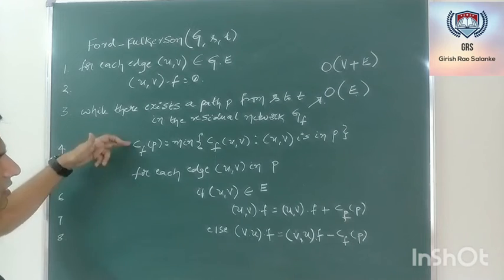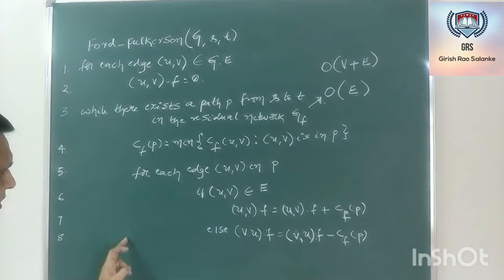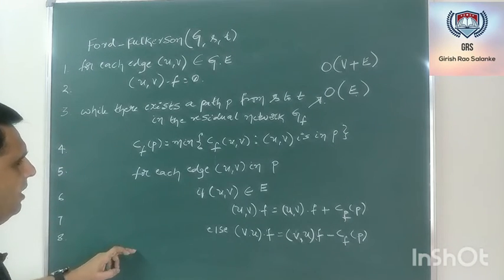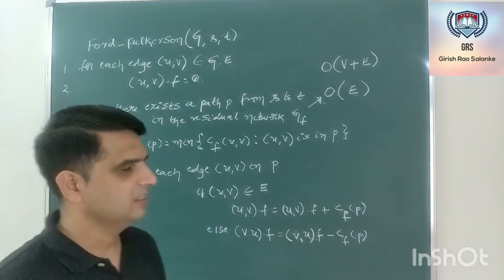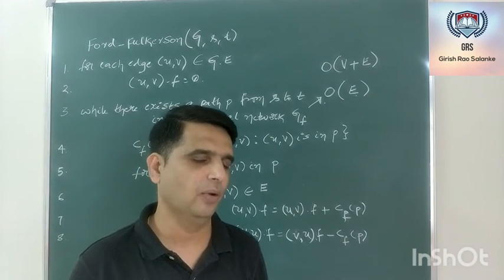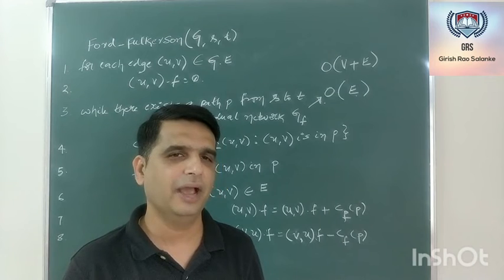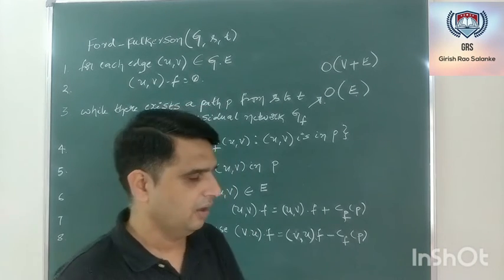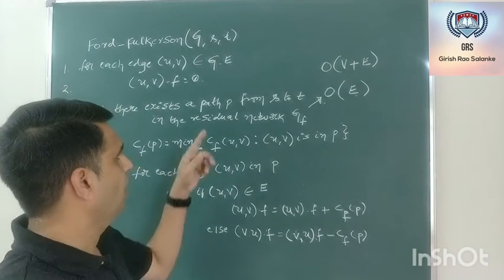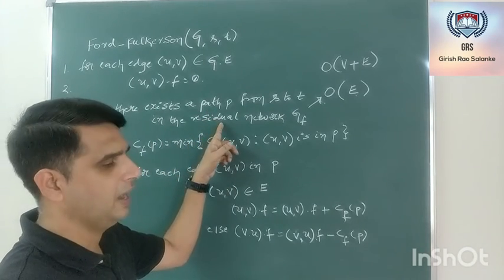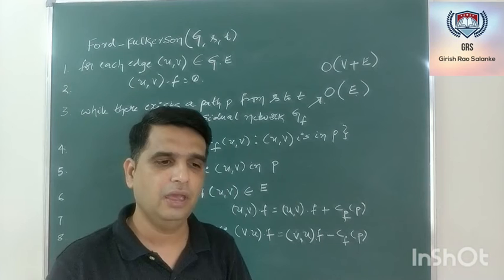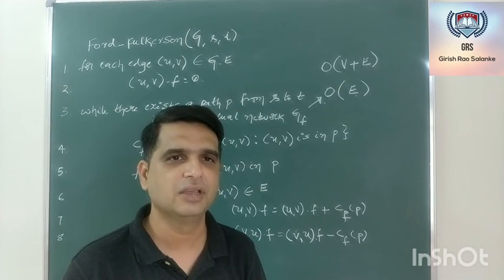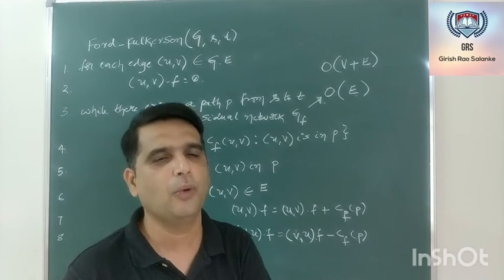So assuming that this step takes order of E time, now how many times do we repeat it? This whole step calculates the max flow. We have denoted the max flow as F. Note that in the worst case, on considering an augmenting path, the max flow can be increased by only 1 unit.